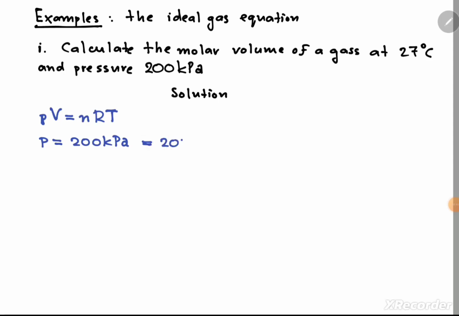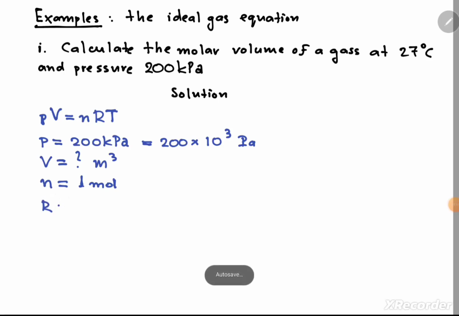So we have 200 times 10 to the cube Pascal. Volume, we have to find it in meter cubed. The number of moles is 1 mole because we have to find the molar volume. The constant is given. And the temperature we must find in Kelvin.